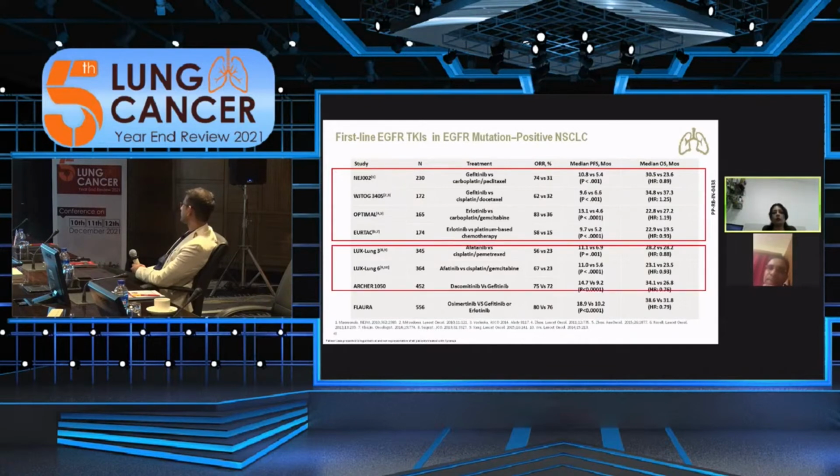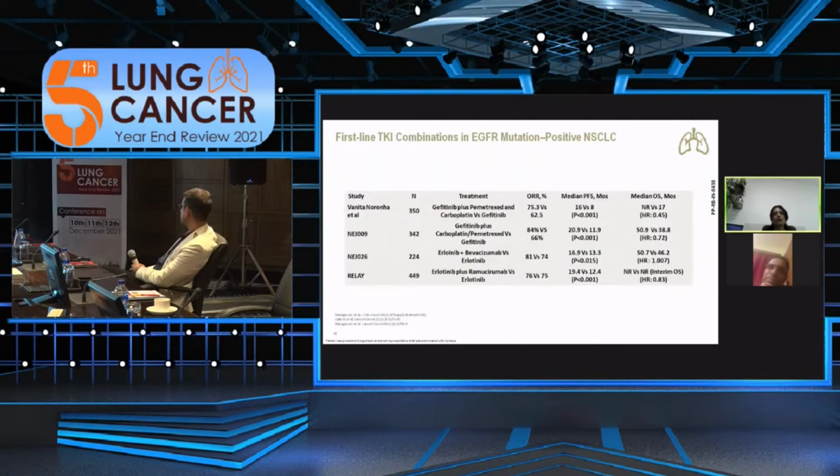And we also know the ARCHER study, dacomitinib versus gefitinib, and the benefits associated, and all the LUX-Lung studies with afatinib. So coming in here for this patient, when you look at the combination regimen of RELAY with erlotinib plus ramucirumab and the benefit, it truly stands out in comparison to any other trial as well.